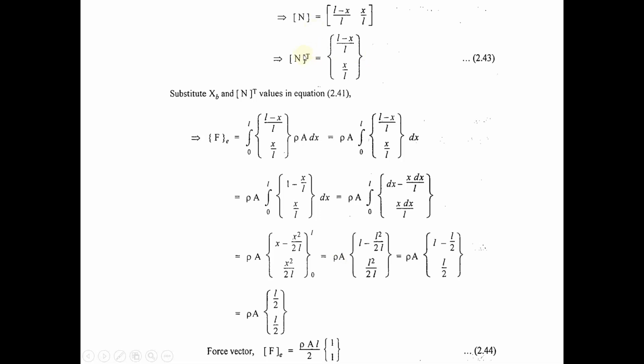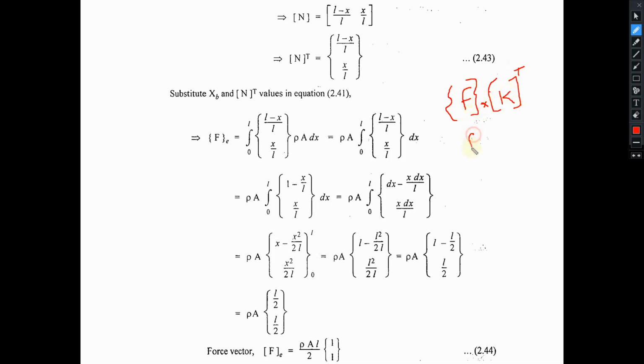And we are taking the transpose of the matrix. Whenever we multiply a matrix and a vector, suppose we have the vector f and suppose we have the matrix k, we always have to take the transpose of the vector or the matrix. Only then can we write it like this.